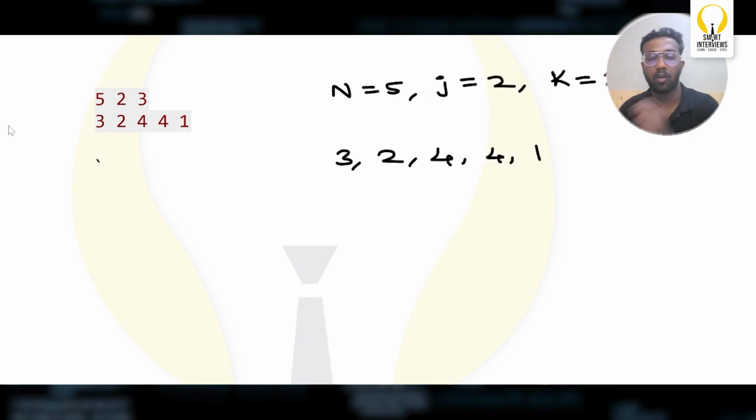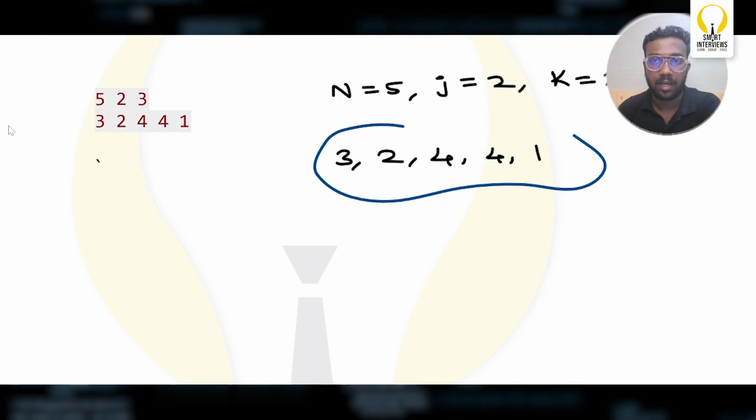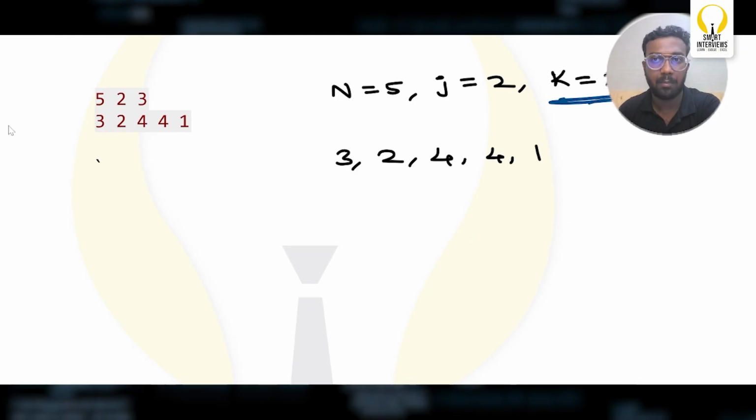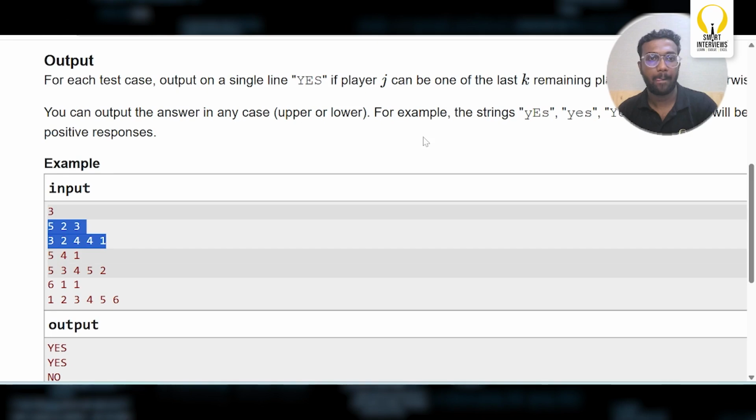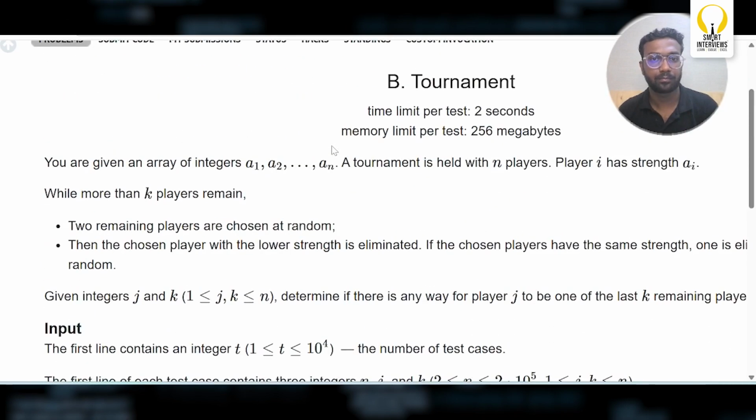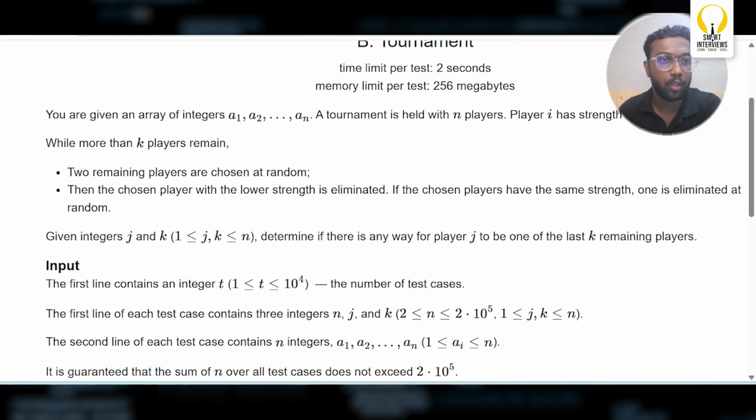As per the problem statement, what he is asking you to do is, when the number of integers is greater than 3, he is telling you to pick a pair of integers. Out of the pair which you pick, he is telling you to remove the minimum. While more than k players remain, 2 remaining players are chosen at random, then the chosen player with the lower strength is eliminated.